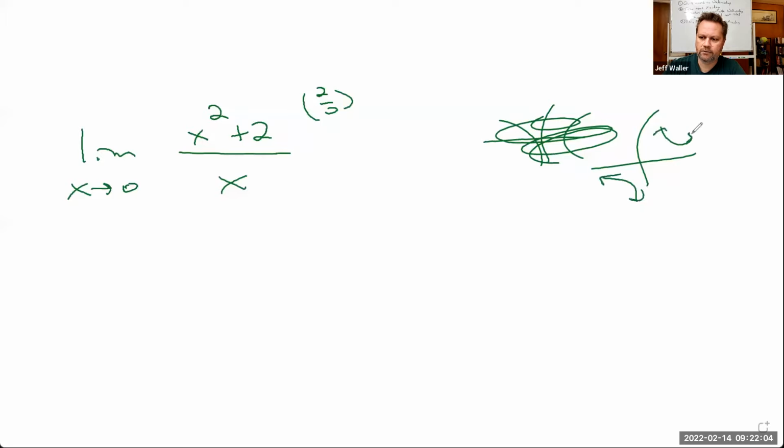But anyway, it doesn't agree on which infinity. So this would just be a straight up does not exist. Did I have to do a lot of work? Because that is not indeterminate. Right? And again, it's so beautiful. If it's not indeterminate, then I should be able to determine the answer.